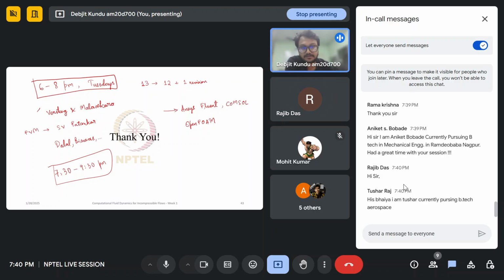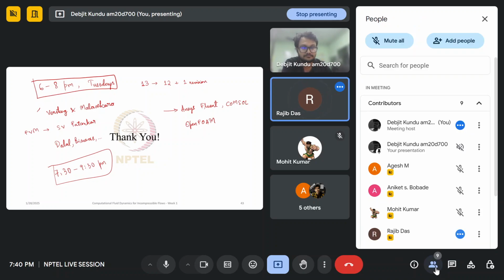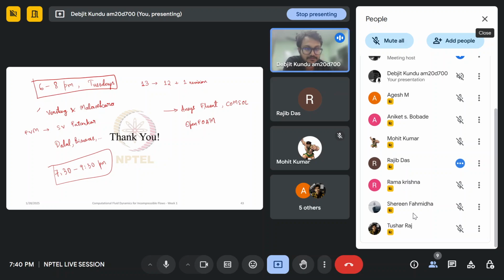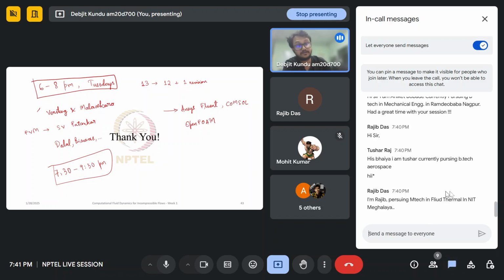Tushar is doing BTech in Aerospace. Yes, great. What about the others? Rajiv is doing MTech in Fluid Thermal at NIT Meghalaya. Nice.